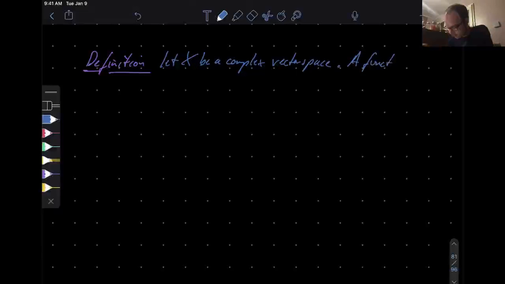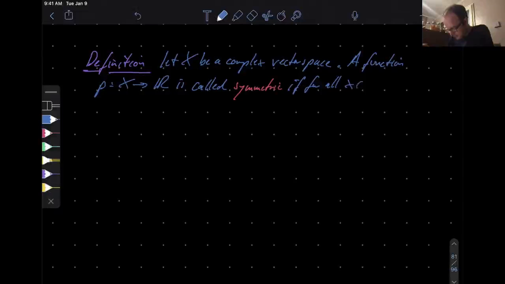A real valued function P from X is called symmetric if for all x in X, complex lambda on the boundary of the unit disk, we have P of lambda x is equal to P of x.